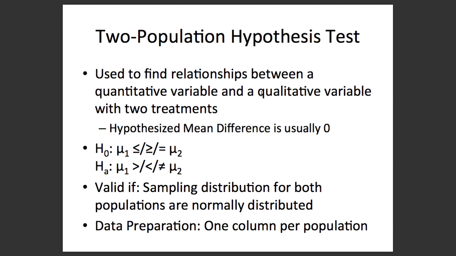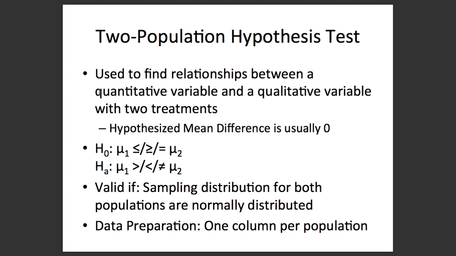For example, if the qualitative variable refers to gender, the qualitative variable gender has just two treatments, as we have seen in the database earlier. We only have male and female. So if you have to relate that to a quantitative variable in the dataset, let's say time spent inside the dog zone, then the two population hypothesis test will just test if there is a relationship between the two by comparing the average time spent inside the dog zone by the males and the average time spent inside the dog zone of the females.